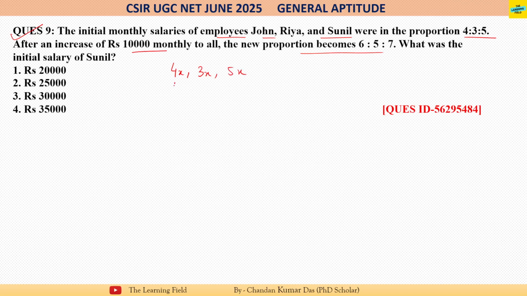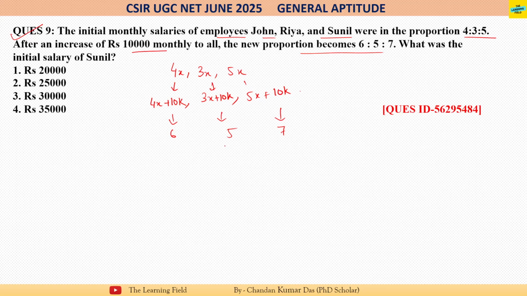After increasing 10,000, this becomes 4x plus 10,000, 3x plus 10,000, and 5x plus 10,000. Fine. Now the ratio becomes 6 is to 5 is to 7. Take any two ratios, you get our answer.